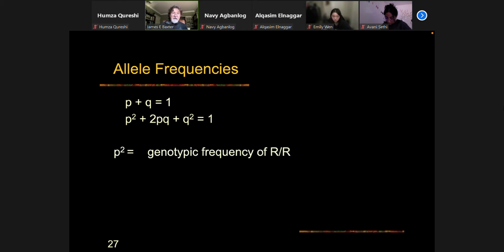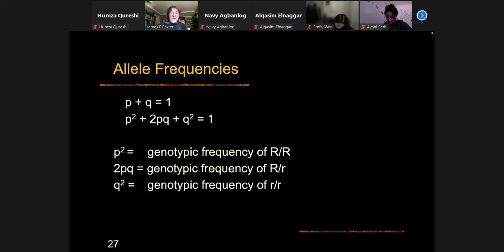So in this case, P squared is the genotypic frequency of big R, big R. 2PQ is the genotypic frequency of the heterozygotes. And Q squared is the genotypic frequency of the homozygous recessives, right?